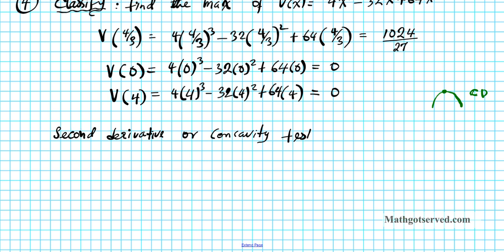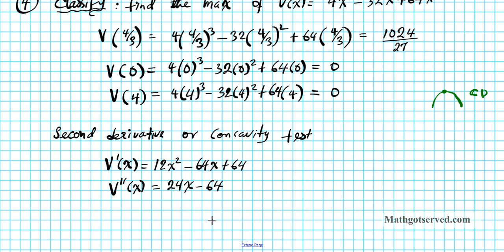All right, so v prime of x was 12x squared minus 64x plus 64. So v double prime, the second derivative of that, is simply going to be 24x minus 64.